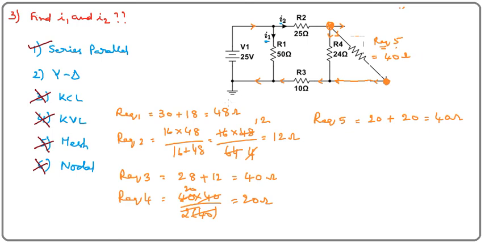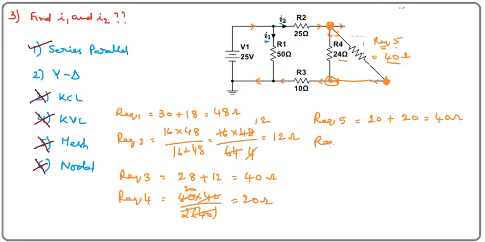Now it's very simple. This current has been divided at this point and it is added at this point. So R4 and R equivalent 5 are in parallel.